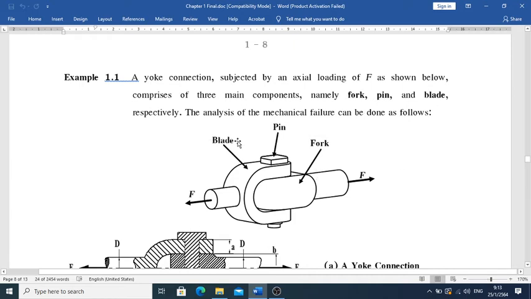I'm sorry, I mistyped this one. Fork and blade, switch it back and forth. You just change the blade to be the fork.